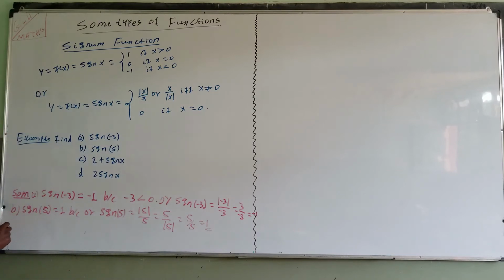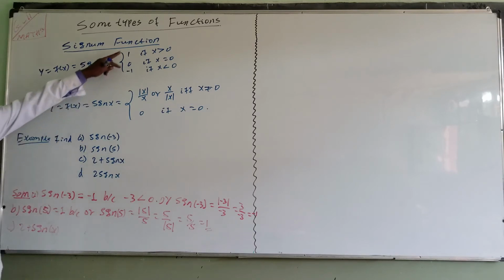And when we find 2 plus signum x, we know by definition the value of signum x is 1, 0 and negative 1. Then we have to add 2 to the value of signum x.